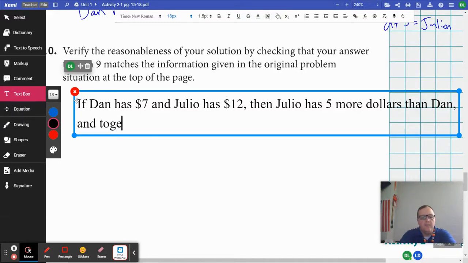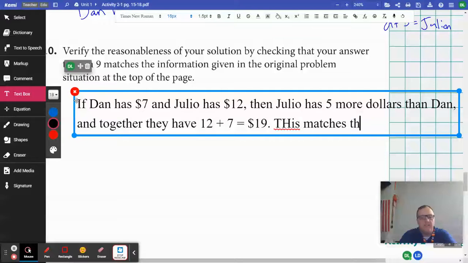And together they have 12 plus 7, which is $19.